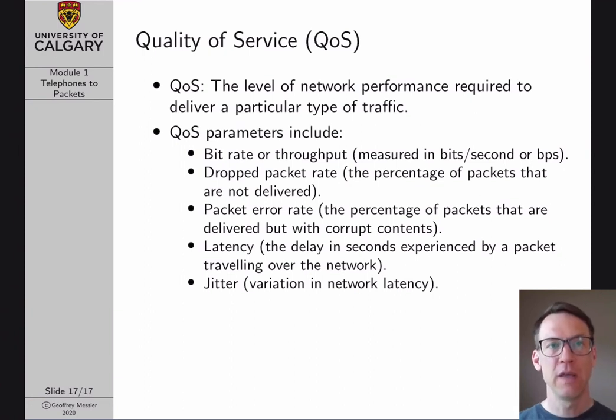And jitter is a related parameter, which is variations in network latency. We're going to explore all of these parameters. Basically the purpose of this class is to look at how to build a packet switch network in order to meet the QoS requirements for a variety of different traffic. And we're going to see that there are often very interesting trade-offs.